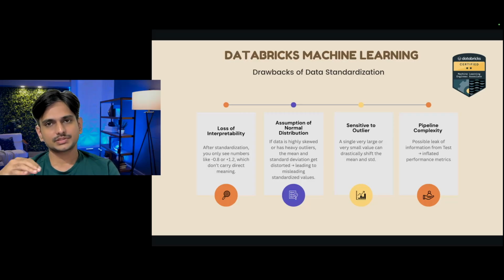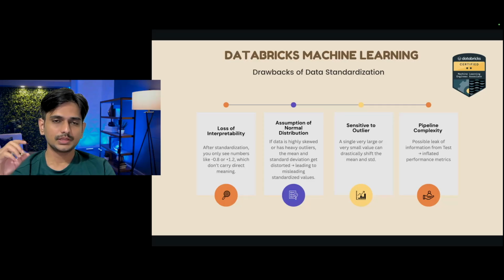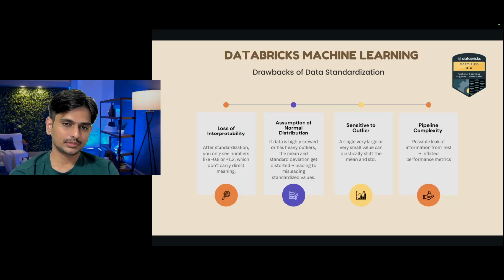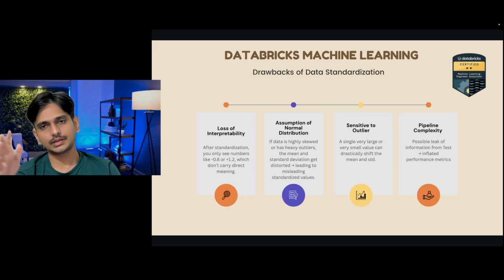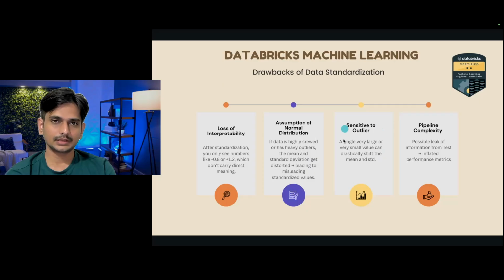After standardization, almost everyone looks like minus 0.9, except the outlier. That's what we were telling about the normal distribution. The data should be normally distributed. If there are significant sudden spikes, it might create an outlier, and it becomes sensitive to the outlier, and then finally it is impacting the standardized value itself.